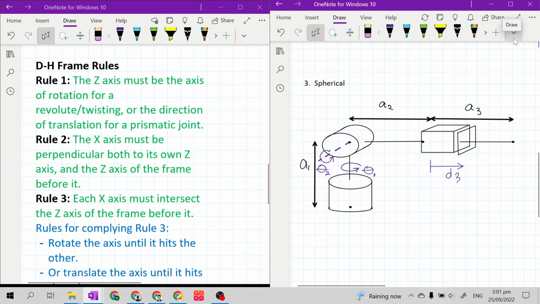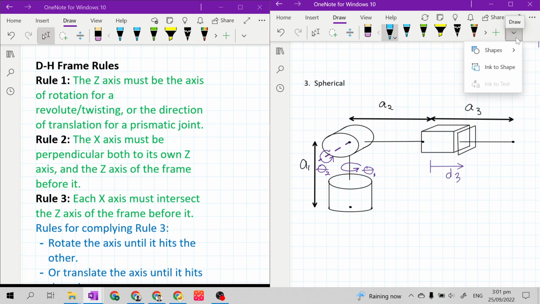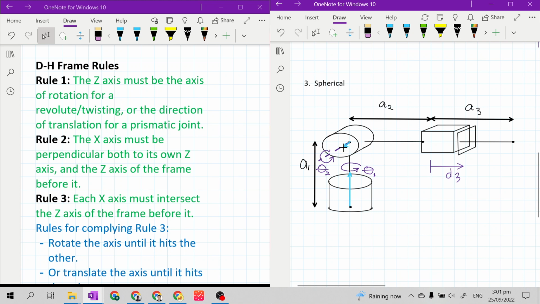so the z-axis must be color light blue. It should be the axis of rotation for the revolute or twisting joint. So let's put it here. This is the axis of rotation.